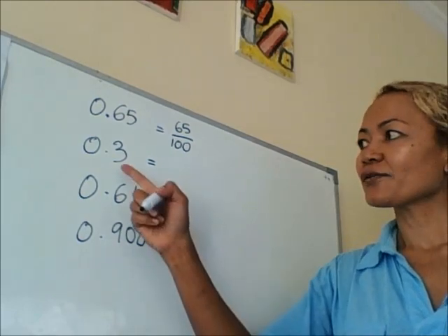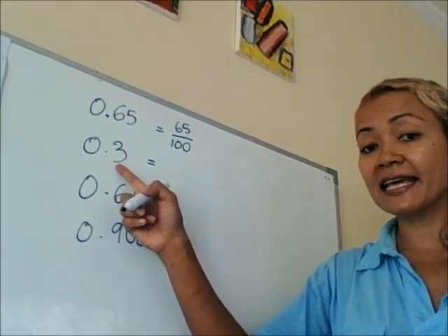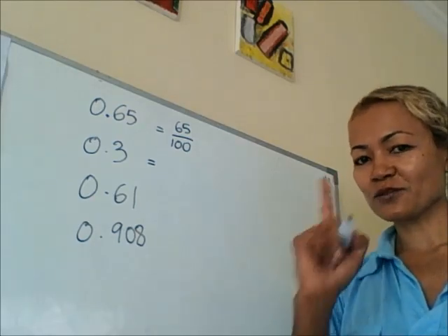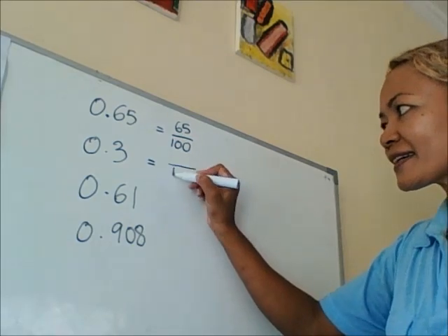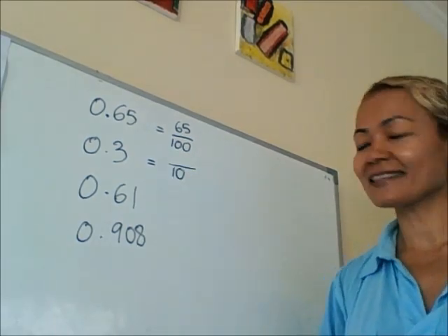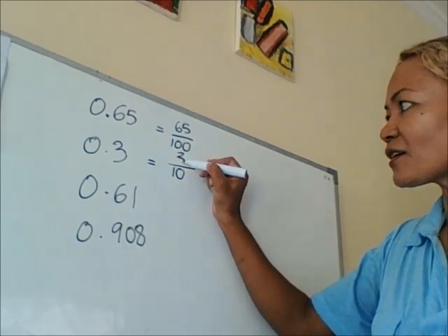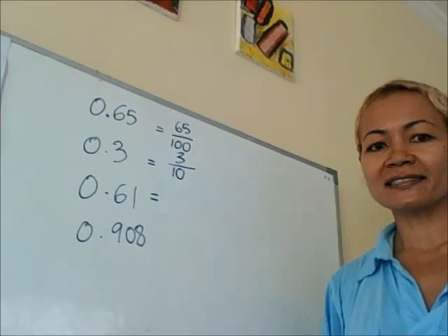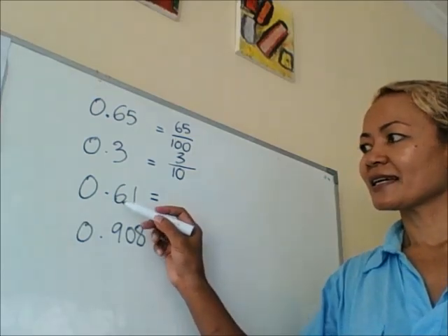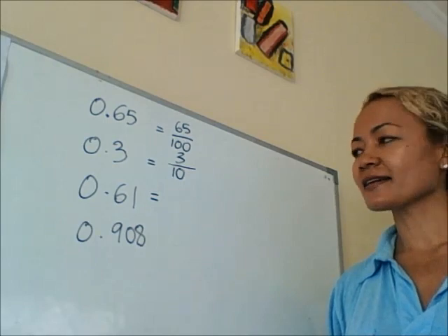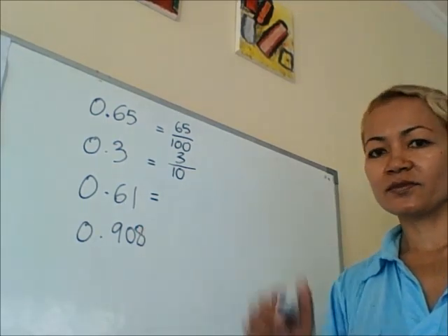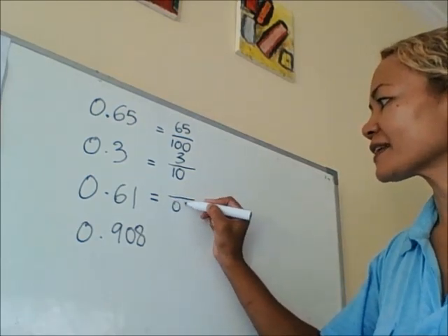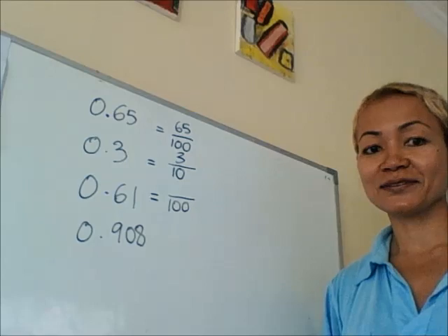0.3. 3 is in the tenths column, so that's just the first column. It's just one column, so it's just 1 0 in the denominator. 10, and that 3 slides straight onto the top. 0.61, 61 hundredths, 2 columns, so your denominator will have 2 zeros. 100.